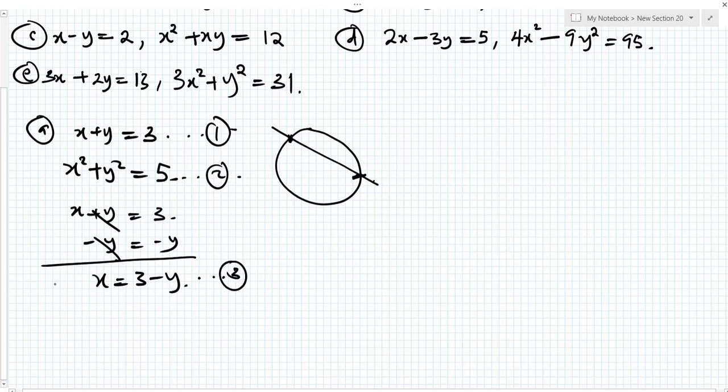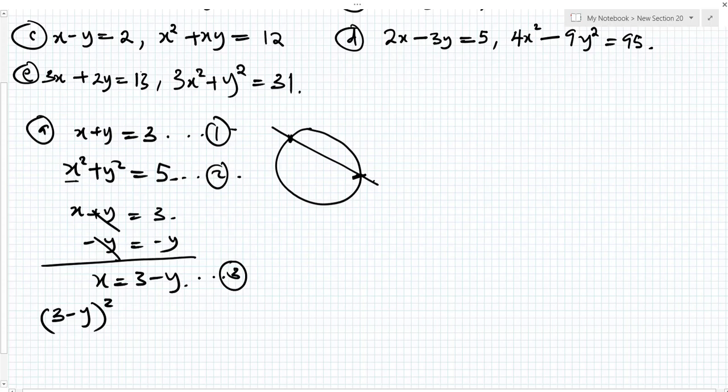Now what we're going to do, we're going to substitute. Whenever we see x, we substitute it for 3 minus y. So in equation 2, we substitute x equal to 3 minus y. We will now have 3 minus y, and this will be squared because this is x squared.